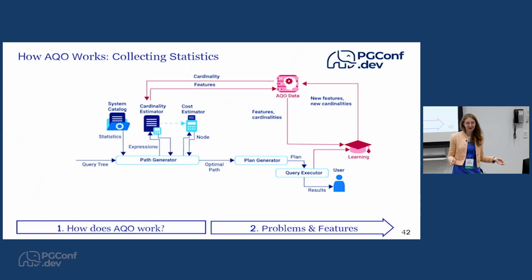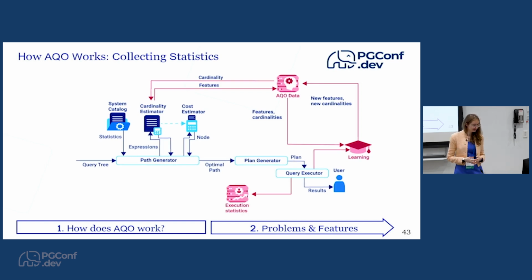So when the path generator tries again to generate an optimal path, it uses information from AQO, but it does not estimate the cardinality information again. And we hope that the query plan will be better.